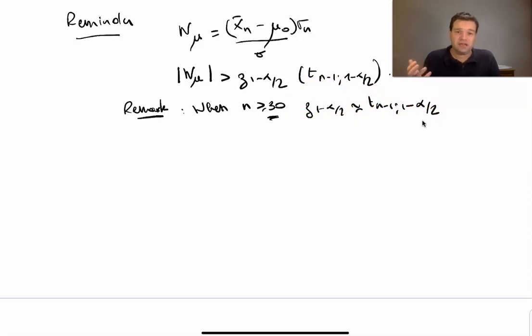That means that in this case you can consider when n is larger or equal to 30, the confidence interval, the hypothesis test, but the confidence interval, it's the same.